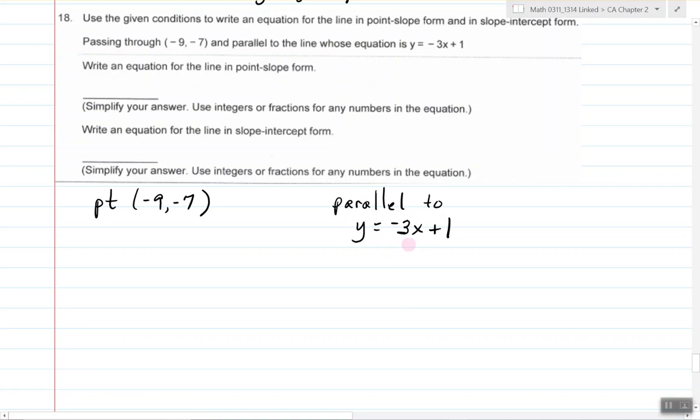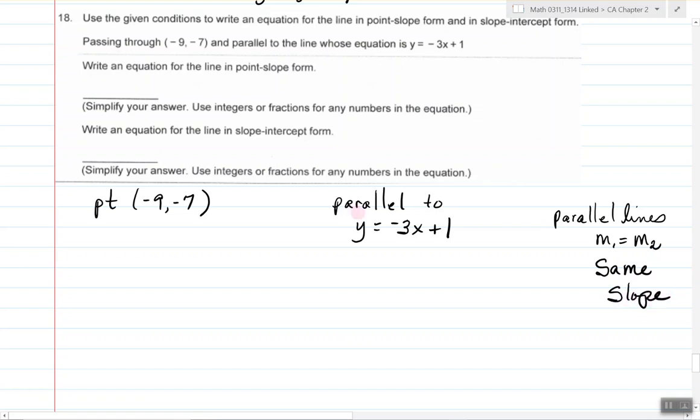Now if I went up to the very top of this screen for you, rewind to the very beginning of the video, you would see a statement about parallel lines: M1 equals M2. In other words, they have the same slope.